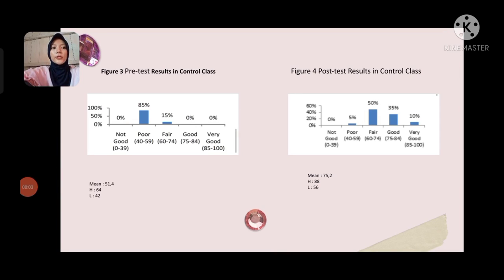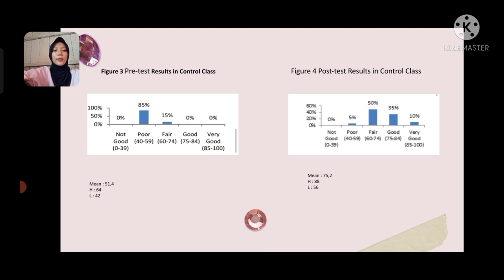Picture number 4, post-test results in the control class. The levels of students in this class are quite varied: 5% in the poor level, 50% in the fair level, 35% in the good level, and 10% in the very good level.